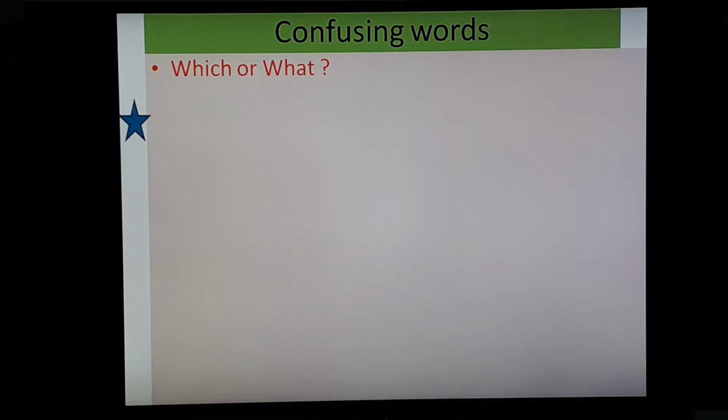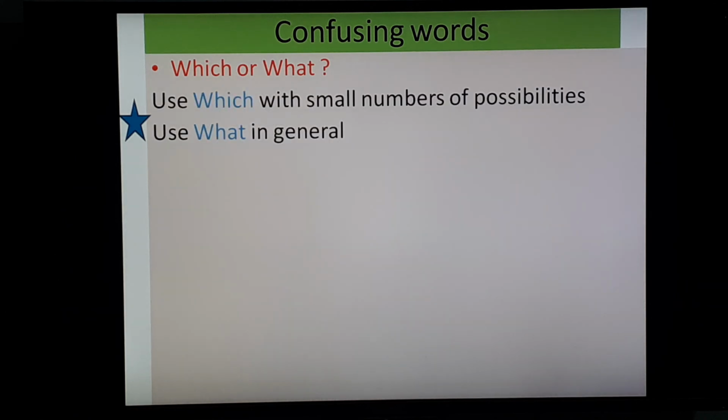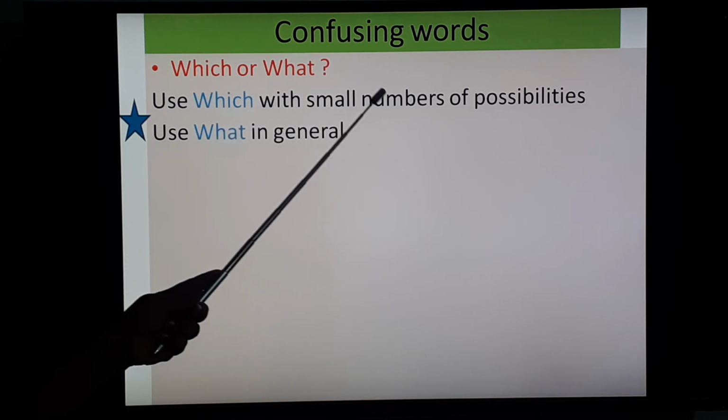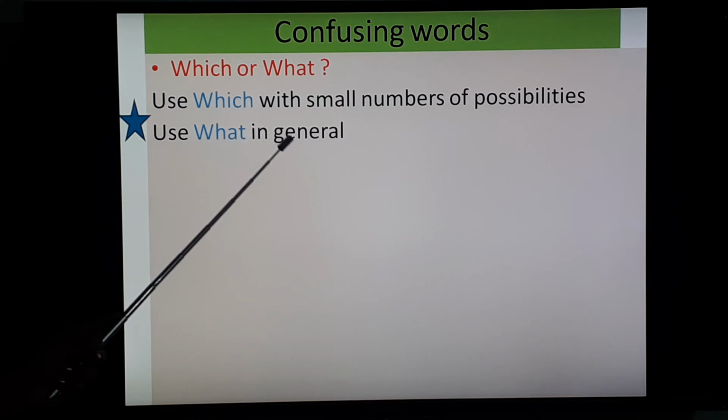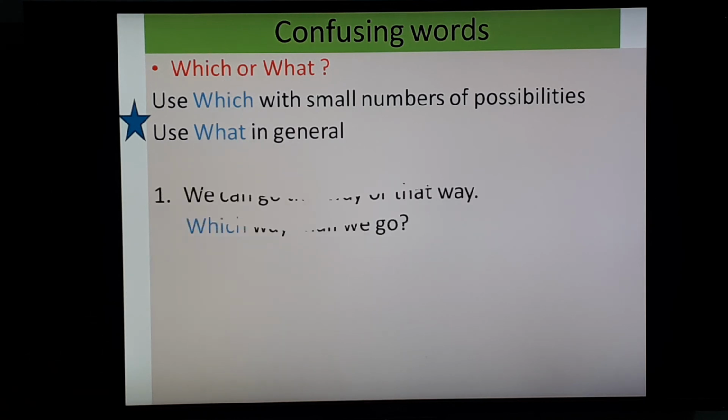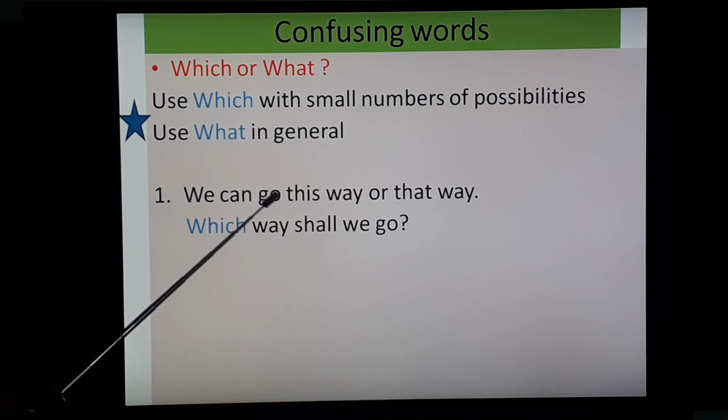Okay, let's see the difference between which and what. First, you have to use which with small numbers of possibilities and what in general. Let's see examples. First, the sentence is already framed.